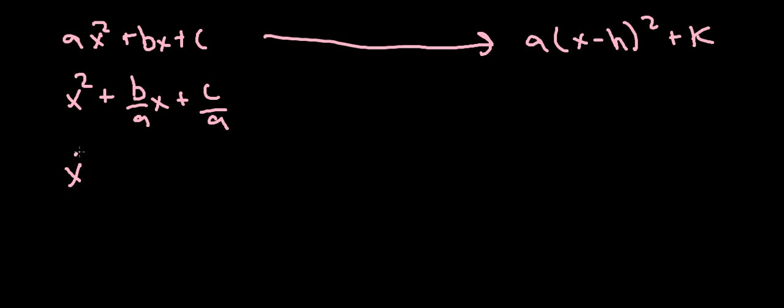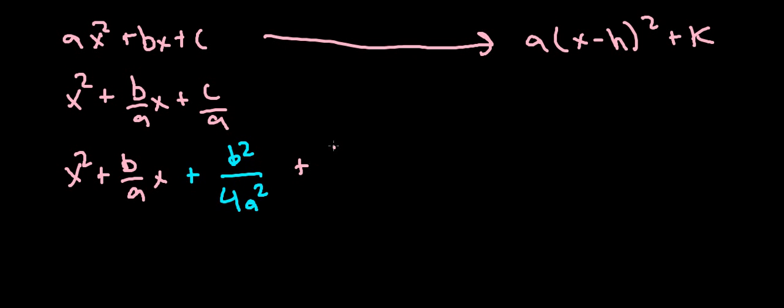So we get x squared plus b over a x plus b squared over 4a squared, plus c over a, and then what we add, we must also subtract. So minus b squared over 4a squared.